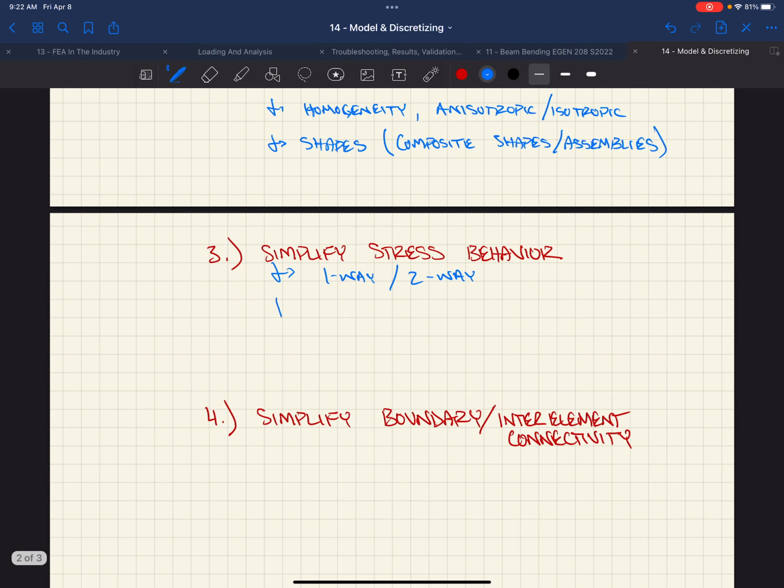Would it be conservative to always assume a two-way slab? No, because one way assumes that the force only spans one direction, right? Two way, especially when you're in a box, if you looked at columns and columns, right?